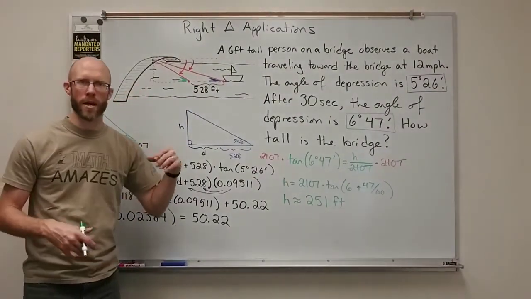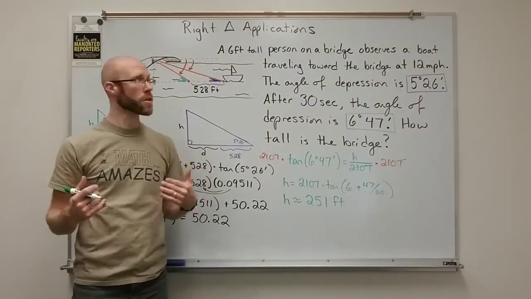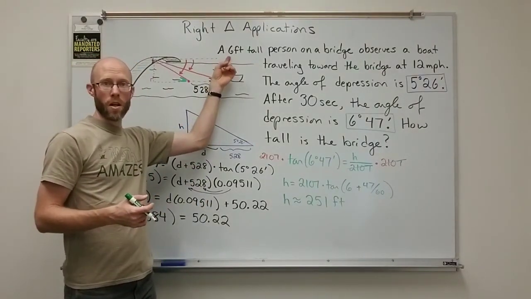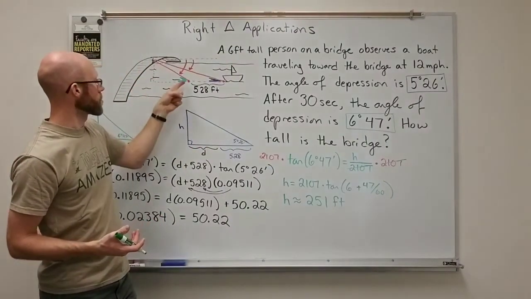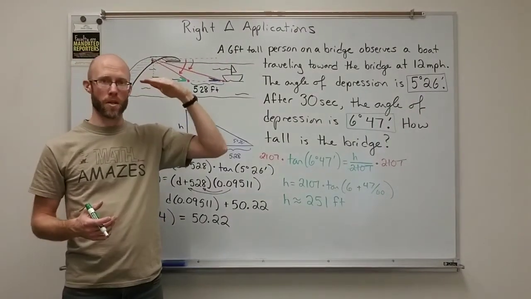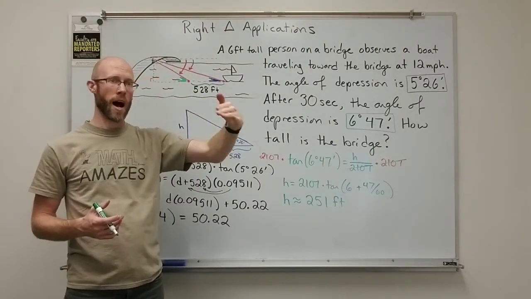Again, I said we had to account for the height of the person. The person is 6 foot tall, so you want the height of the bridge. The triangles here include the height of the person because the observation angle comes from eye level.